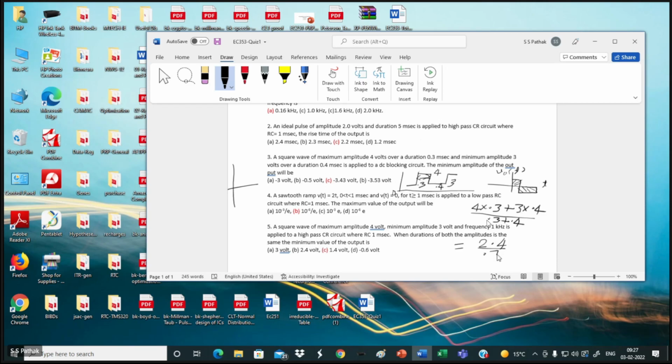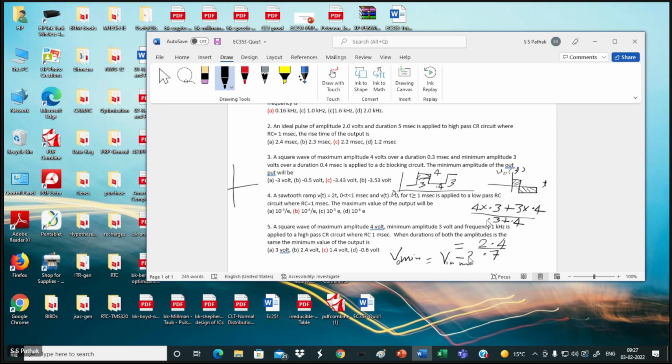The question is the minimum amplitude of the output. That means 3 minus DC. V out minimum will be V in minimum minus VDC.